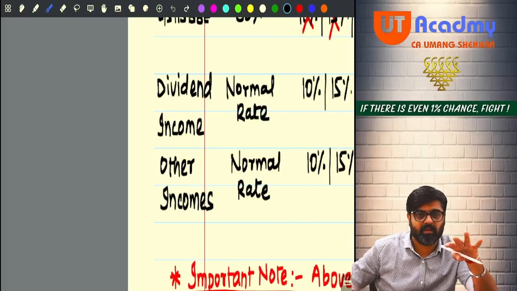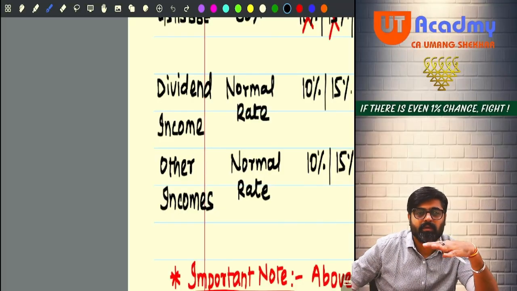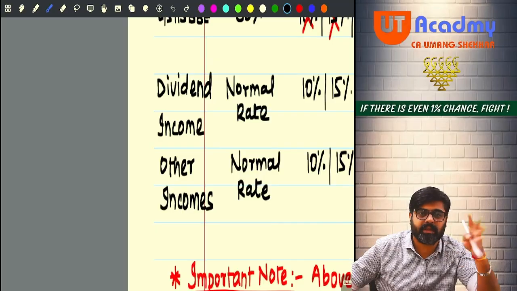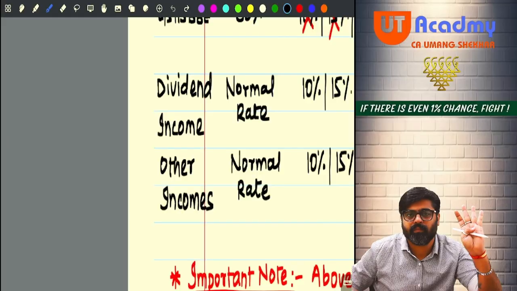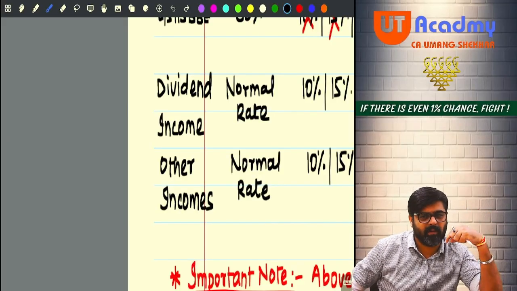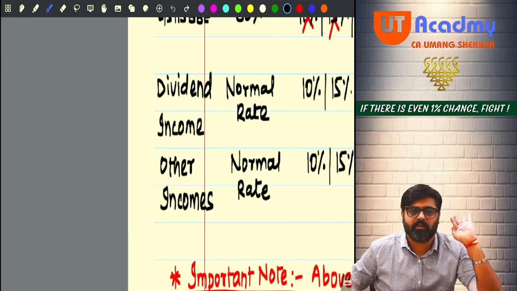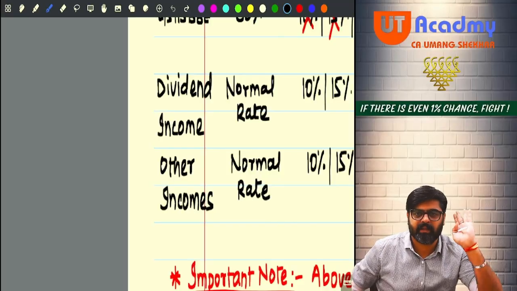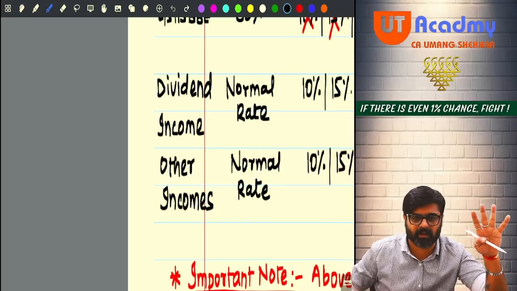So right now, the theory part of capital gain is over. Nothing remains. Everything, 100% coverage we have done. One small exempt transfer I am supposed to tell you, that I'll tell you later on. But first, solve two questions which are pending, then the chapter will be finished. I'll tell you that exempt transfer also, don't worry.